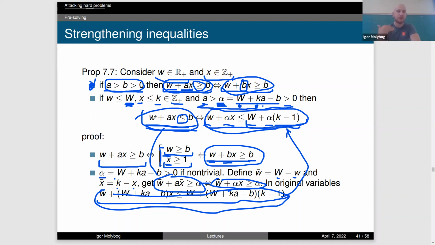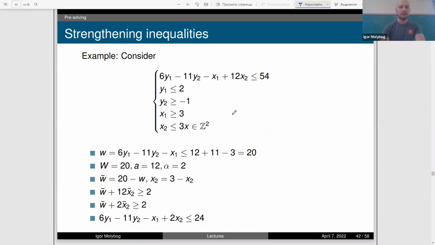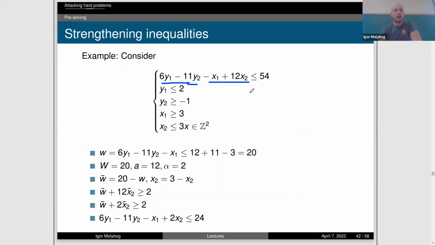This is the first case when we are talking about something. Let's... integral non-negative.